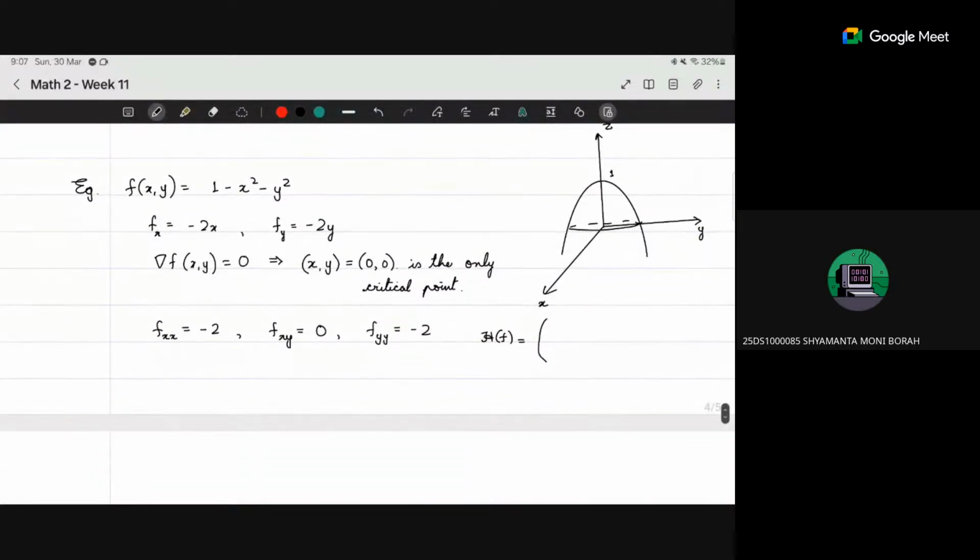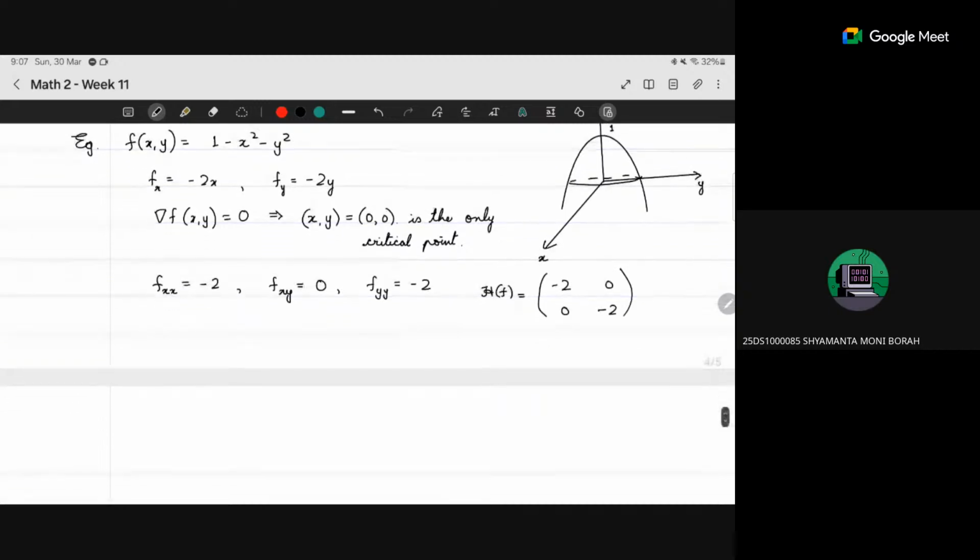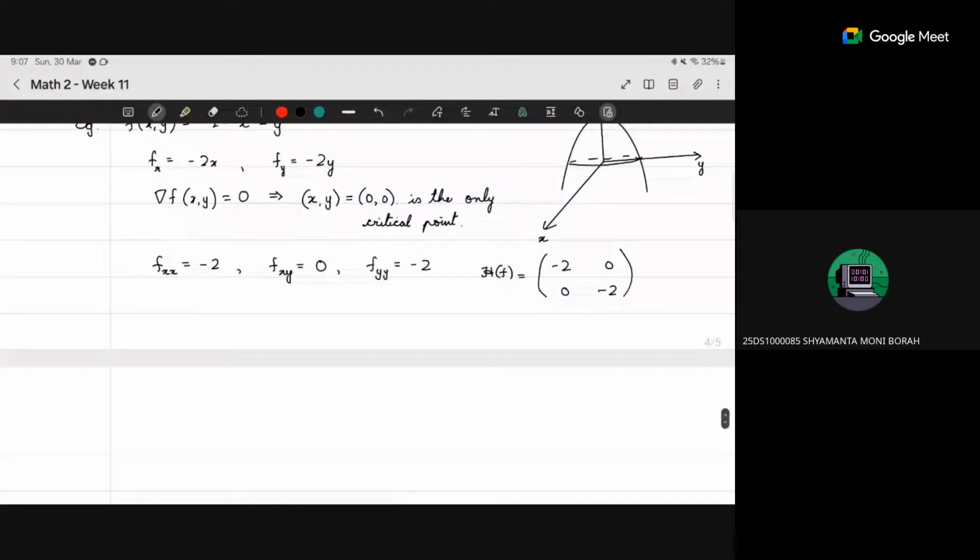So in general, the Hessian of f would be minus 2, 0, 0, minus 2. Here, the functions are constant functions, so plugging in (0, 0) or whatever, it will give you the same Hessian matrix. So in particular, at the origin also, this is the Hessian matrix. Now, under which case does it fall?